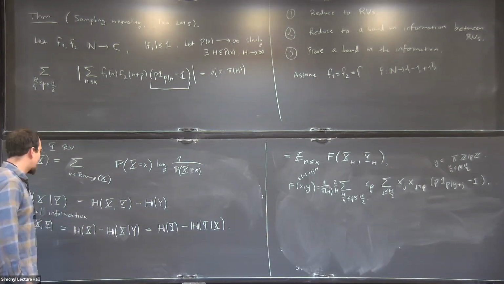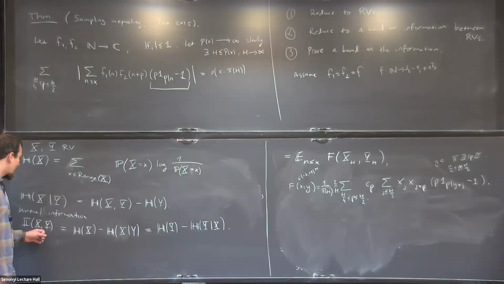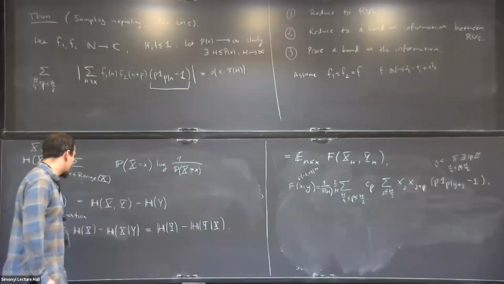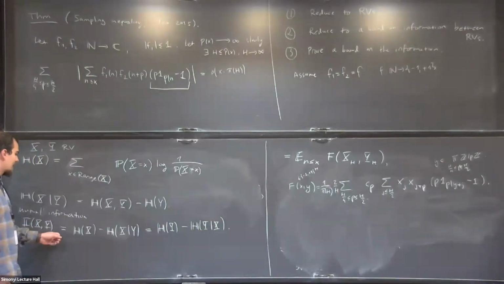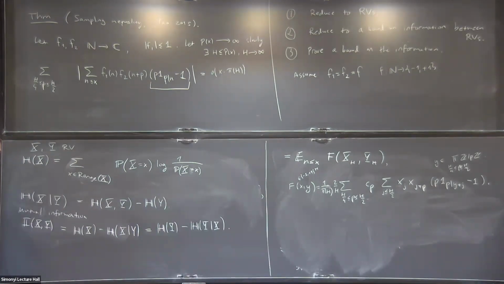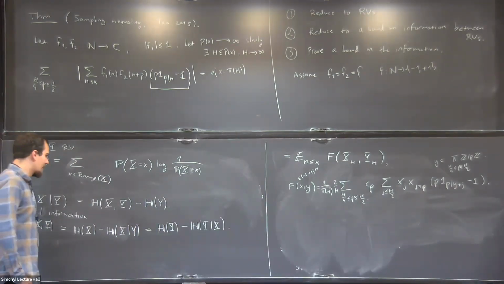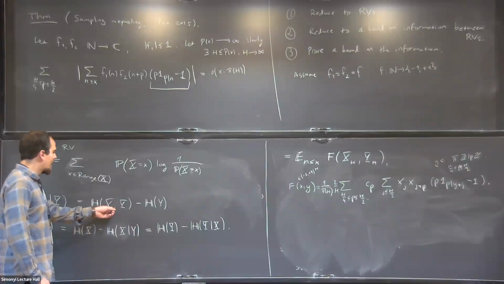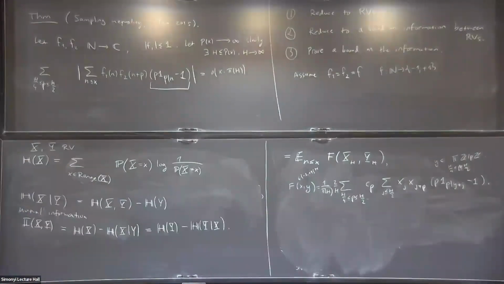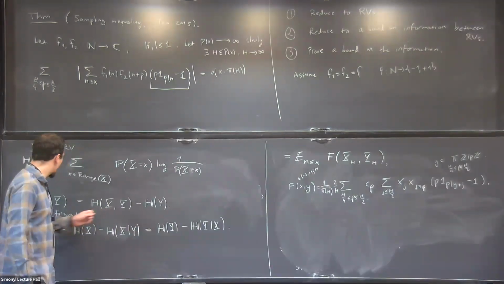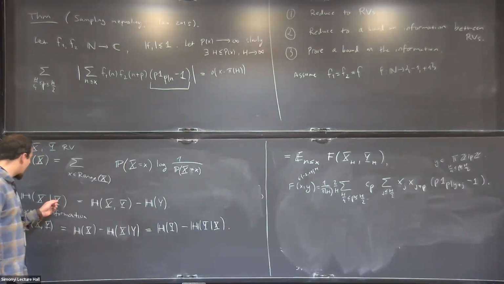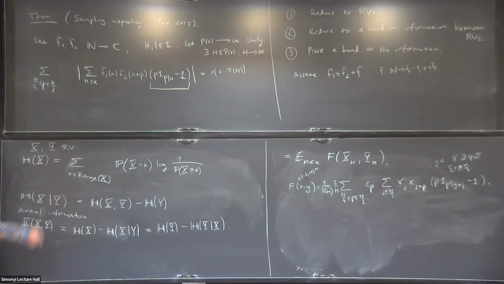If X and Y were completely independent, then the information between them would be 0, because if X and Y were independent, then the entropy of X given Y would be just the entropy of X. There would be no decrease in the entropy.